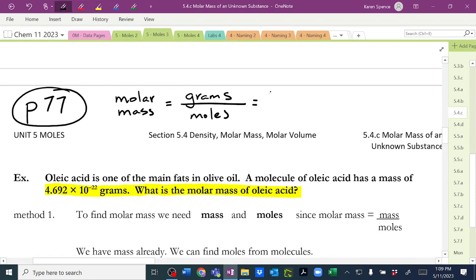We have 4.692 times 10 to the negative 22 grams. Are we given moles in the question? No. I would like you to take a look at the question and see if there's anything else given there that we could use to figure out moles.